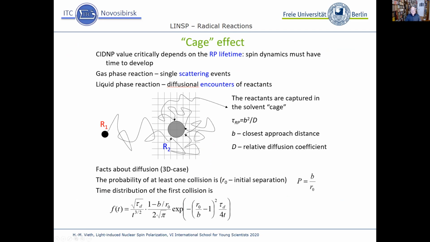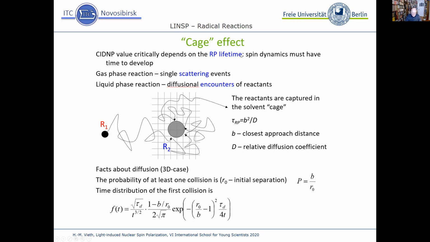So the CIDMP level which you observe depends on the radical pair lifetime.